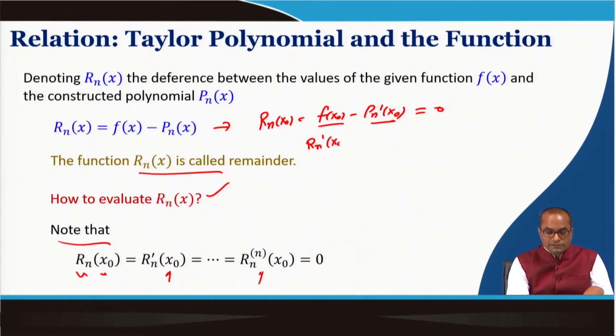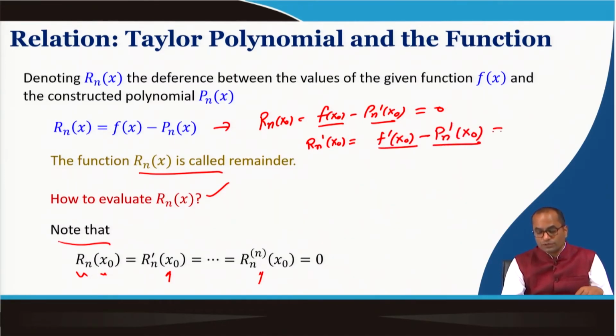Similarly, Rn'(x naught) will be the derivative of f at x naught minus the derivative of Pn at x naught, and as per the construction also these should match, and this will continue up to the nth order derivative, because our construction was that all these derivatives up to the nth order should match for the polynomial and the function.